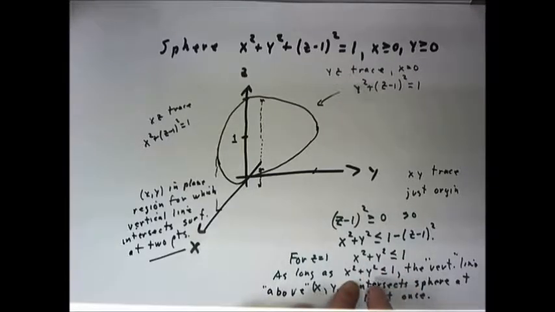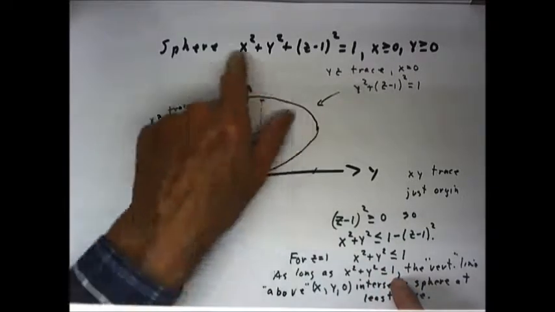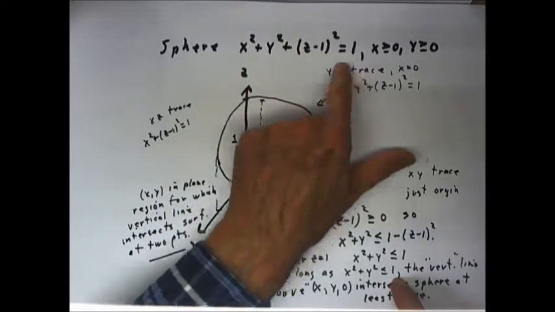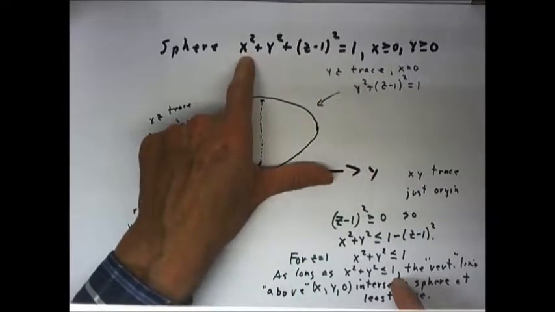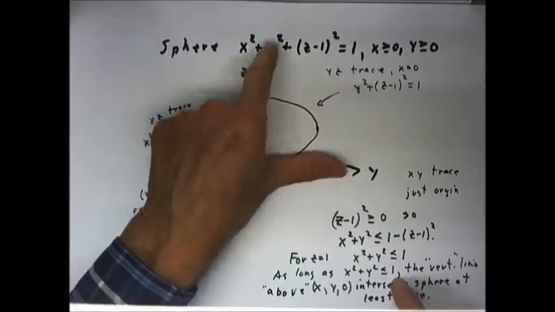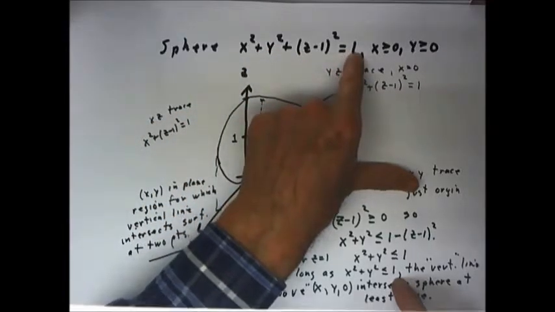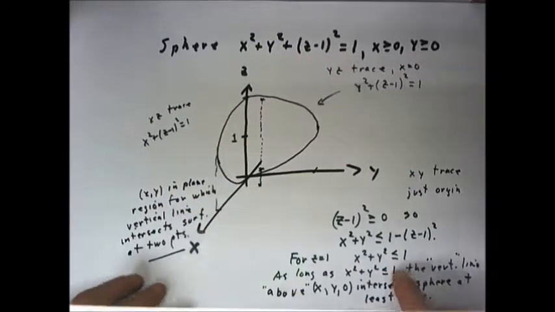If x squared plus y squared isn't less than or equal to 1, you can't find a z point. If x squared plus y squared is greater than or equal to 1, there's no z that makes this 1.